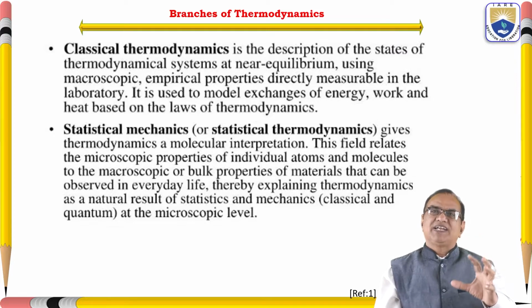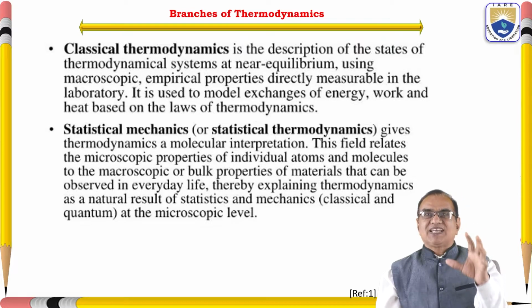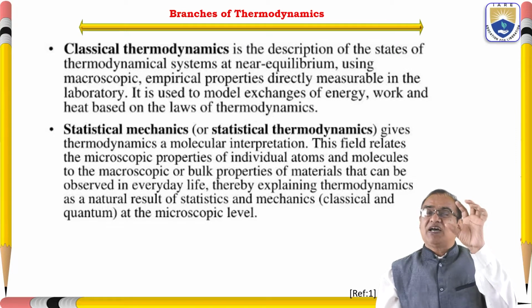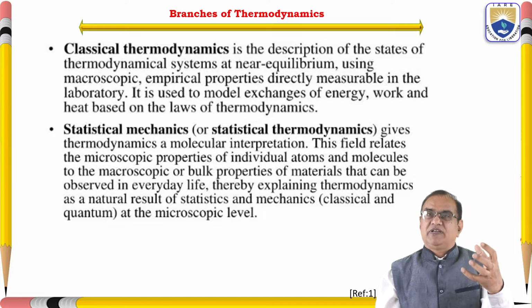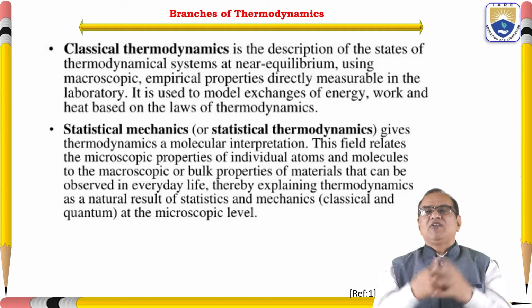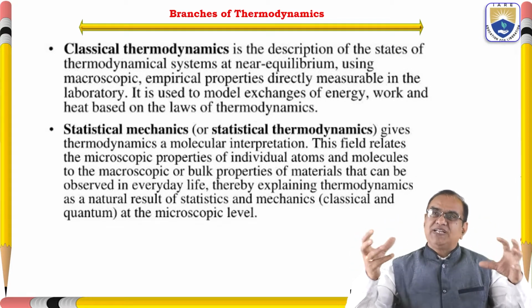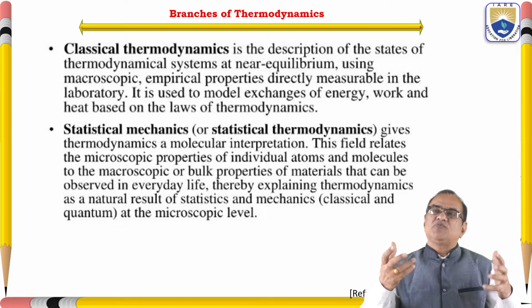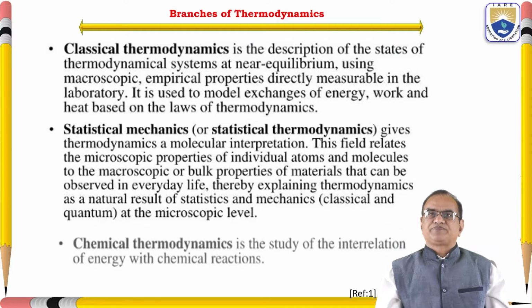But we should understand the meaning: statistical means it is microscopic, classical means it is macroscopic. In macroscopic, the properties, pressure, volume and temperature, can all be measured and average values are taken. But in statistical, every molecule and atom, their way of motion, how much energy they are consuming, how much they are transferring, all these things have to be understood.